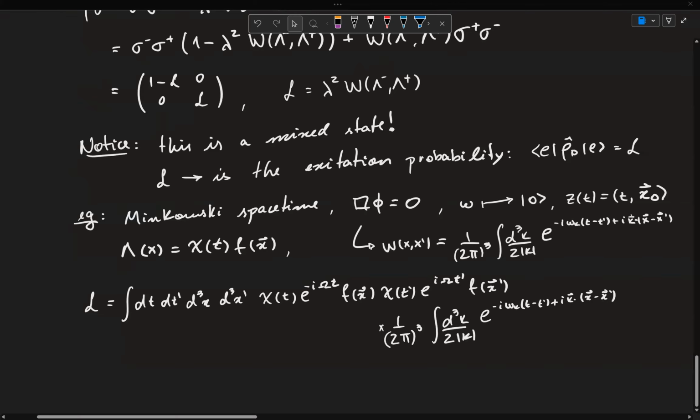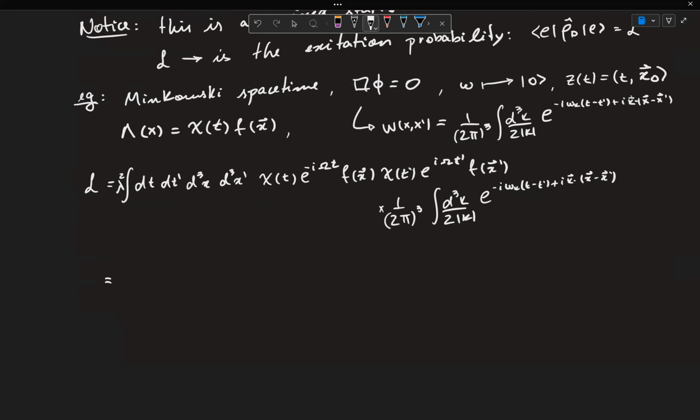Okay, so basically, this whole thing can be recast as, sorry, forget the lambda squared. It's an important term. So this whole thing can be recast as this integral d3k over 2k. And now here, we're going to get two terms, basically.